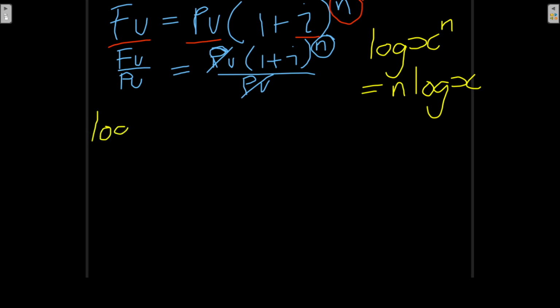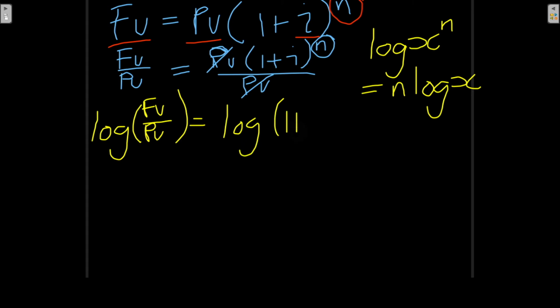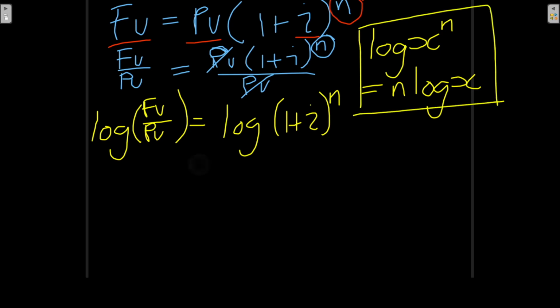So I'm going to take the log on the left and the log on the right. Okay, and now you can see, making use of this rule, we can rewrite it as n log 1 plus i. Okay, and remember we would like to have n on its own.